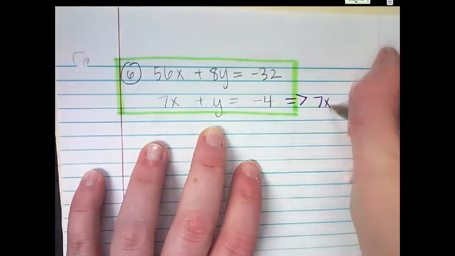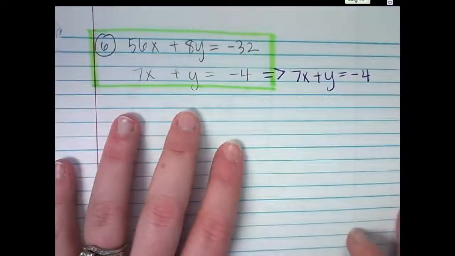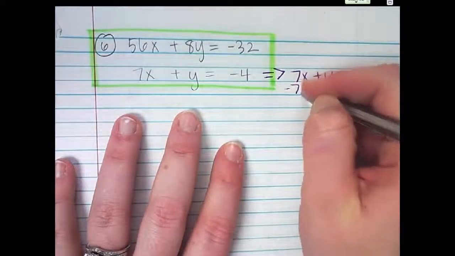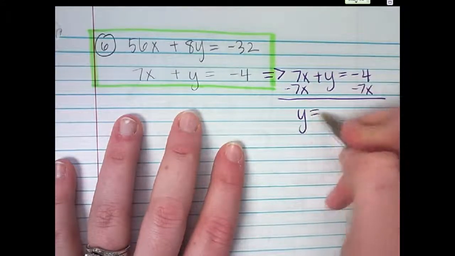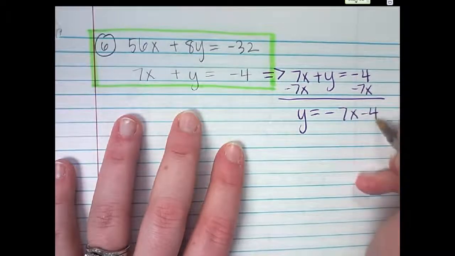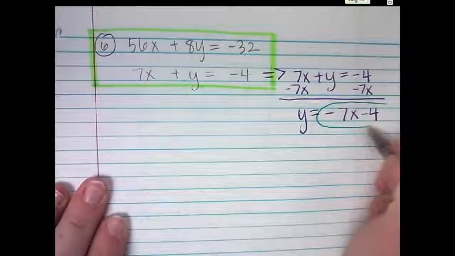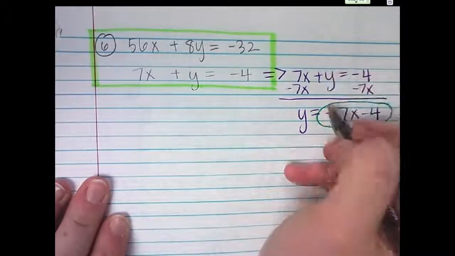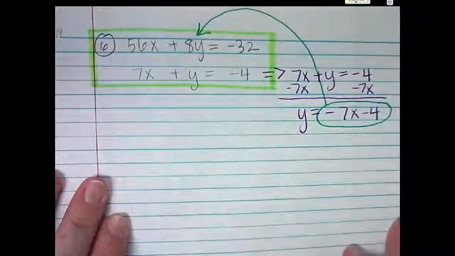So 7x plus y equals negative 4. Subtract over the 7x. So same thing, put that negative 7x minus 4 into the other y.